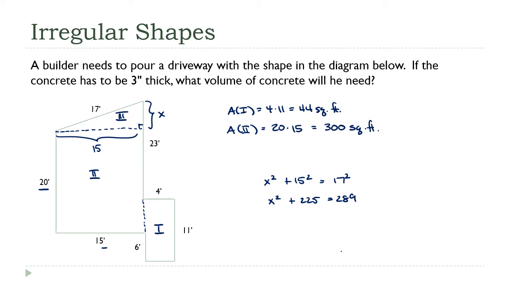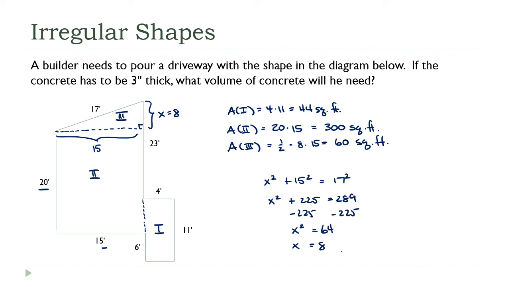Subtract 225 from both sides. X squared equals 64. Take the square root of both sides. X equals 8. Awesome. Now I know the height of my triangle. Now I can get the area. The area of section 3 is 1/2 times 8 times 15. That's 60 square feet.